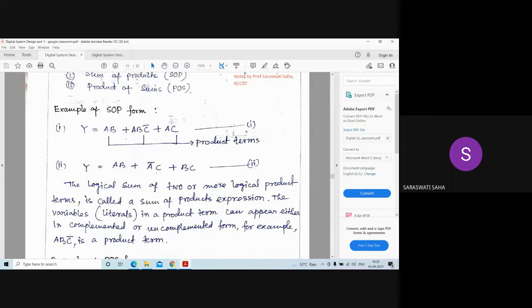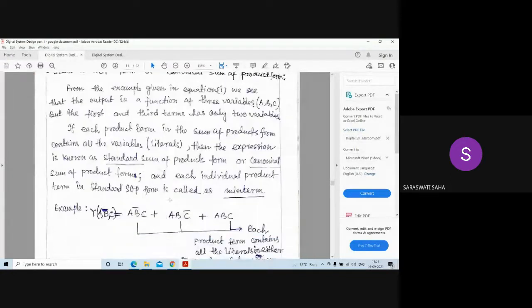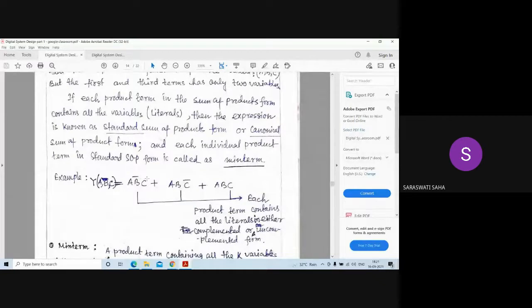So all the literals or all the variables are present in this type of representation. In each product term, all the literals are present. All the literals means all the input variables.